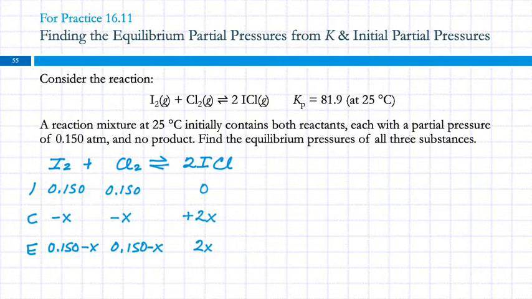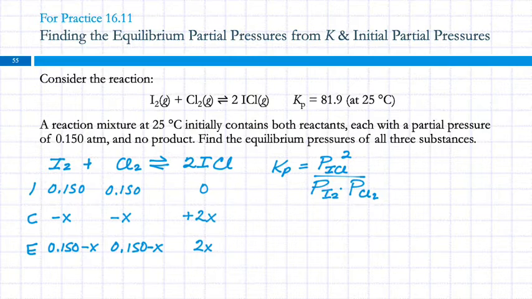So our equilibrium expression here, these aren't concentrations, they're pressures, but it's the partial pressure of ICl squared divided by the partial pressure of I2 times the partial pressure of Cl2. Same form.